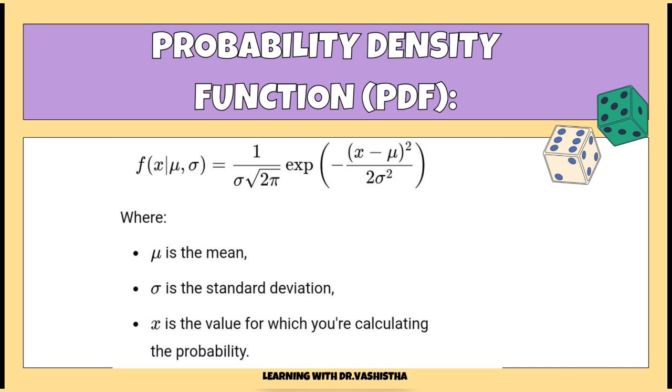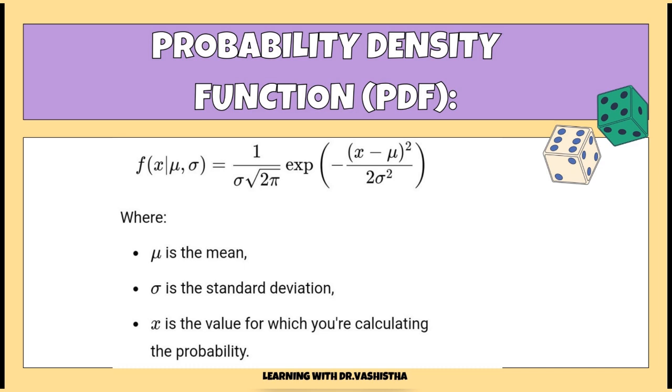The probability is given by the integral of this variable's PDF over the range, that is given by the area under the density function but above the horizontal axis, x-axis, between the lowest and the greatest value of the range, like we just saw. The probability density function, this PDF, is non-negative everywhere. That is the thing. So it cannot take the negative value. And the area under the curve is equal to 1.